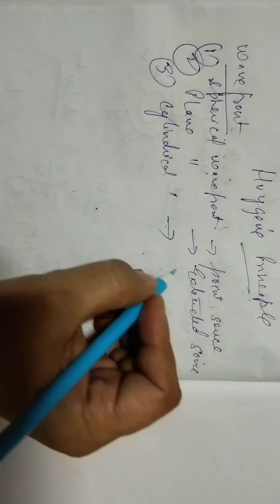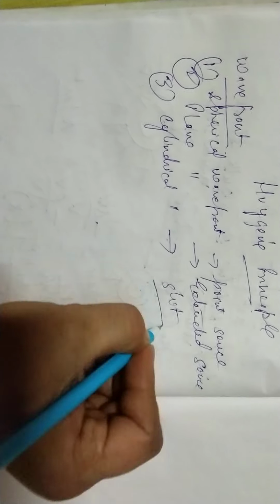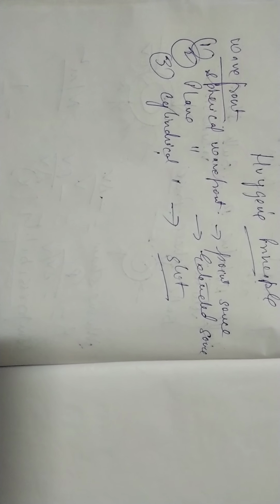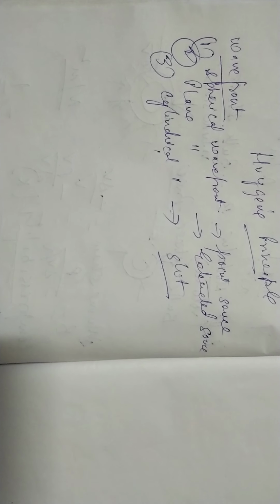So when the source is linear or waves are coming from a line source such as a fine rectangular slit, then wavefronts are cylindrical with the source as axis. So wavefronts have the same phase of oscillation and are of three different types: spherical, from the point source; plane, from the extended source; and cylindrical, from the slit.